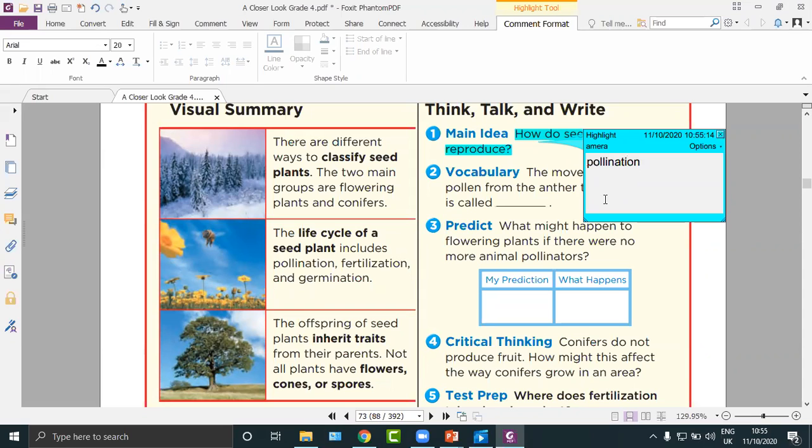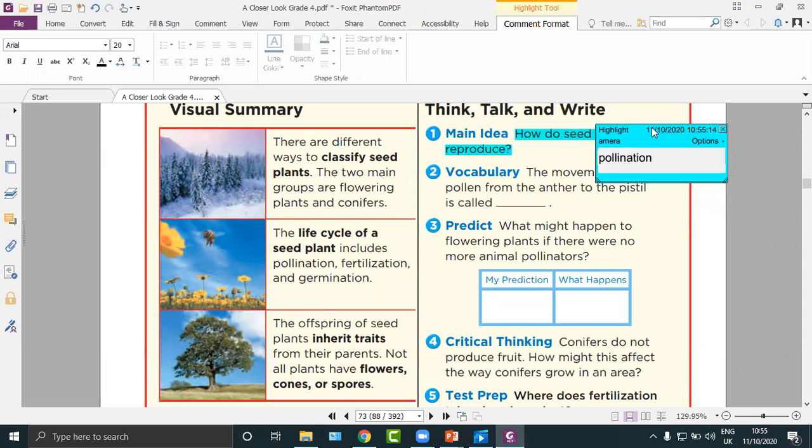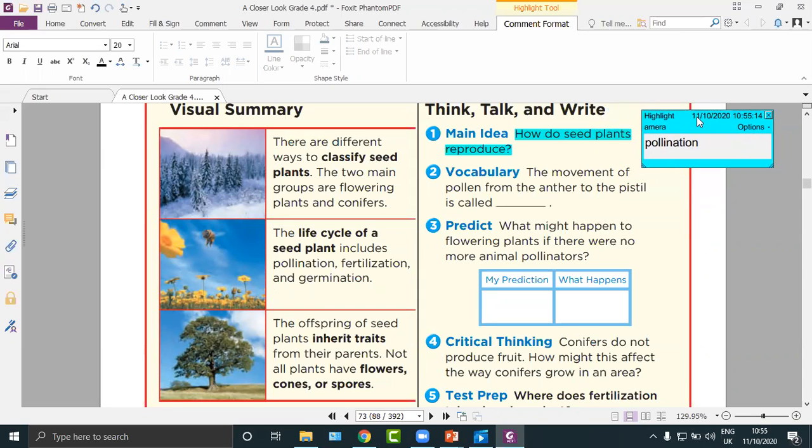Teacher, what are we going to write? Pollination is an extra question, I think, in your book.